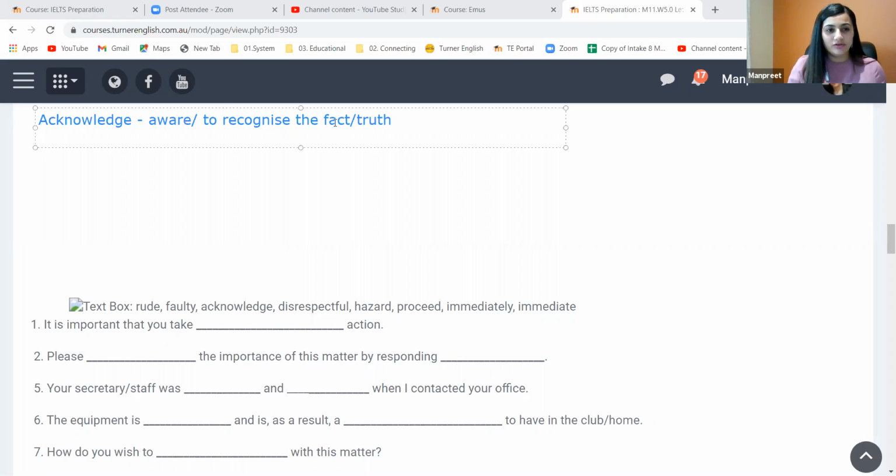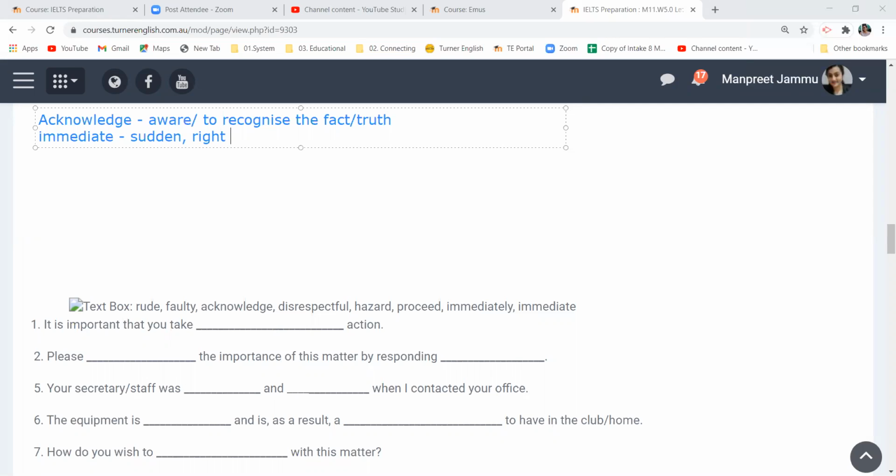Good, good. How about immediate? You will have to use this vocab when you write your letter today, so the meanings need to be clear. Sudden. Quick. Soon. Rapid.